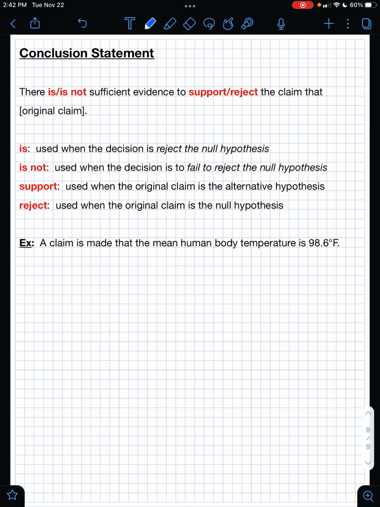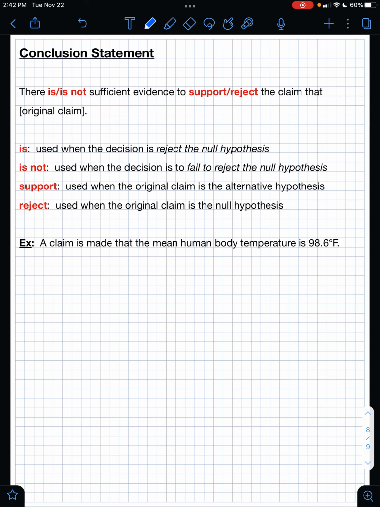So we use the word is or is not based on our decision on the null hypothesis. And then we determine whether we use the word support or reject based on whether the claim was the null hypothesis or the alternative hypothesis. Now that sounds really confusing, so an example is basically required here.